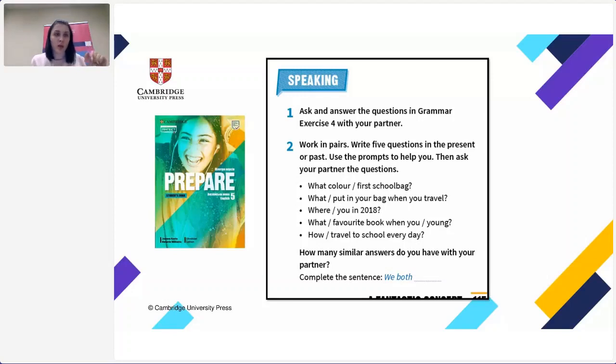Each group writes a list of things that they both do, and then after that you can compare the results, how many points some group has in common, and which group is the winner, and which group is more friendly, or more collaborative, and so on.